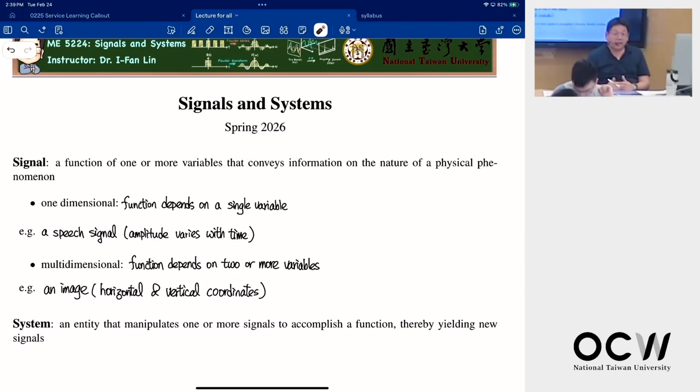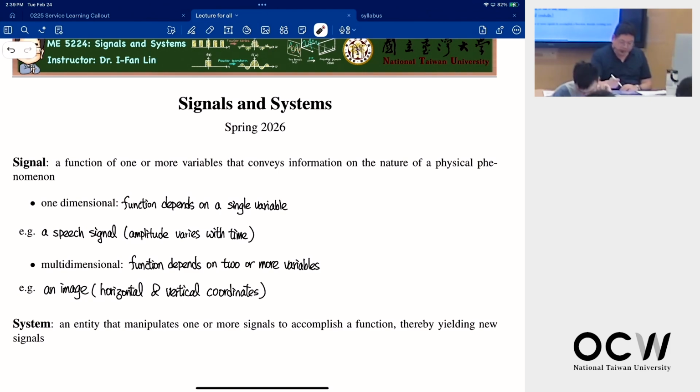And then how about the system? What is a system? You can think of the system as like a black box, or just like a box. It absorbs a signal, does something inside the box, and later on creates a new signal.